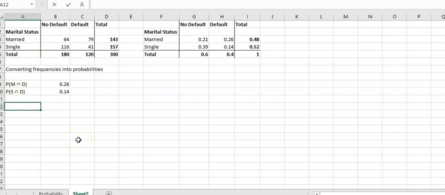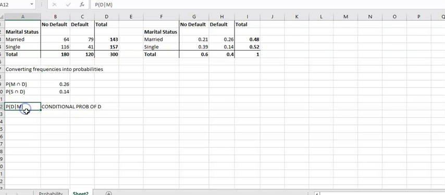So if we want to find out the conditional probability that a person has defaulted, given that we know that person is married, it is going to be the conditional probability of event D, conditional on the information that we know about their marital status.